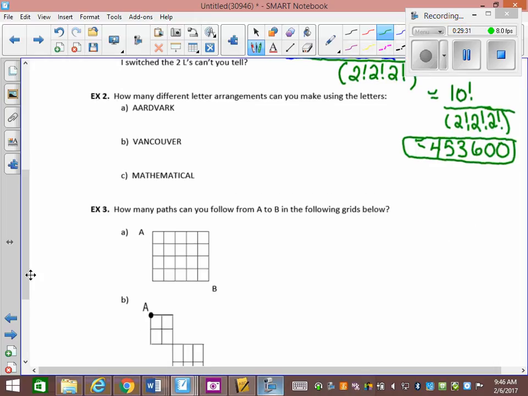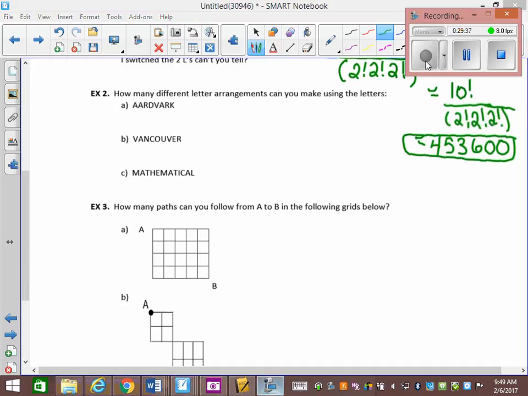You try this. Try Aardvark, Vancouver, mathematical. Okay, Aardvark: 1, 2, 3, 4, 5, 6, 7, 8 letters. A, A, R, D, V, A, R, K. So I'm going to have 8 factorial on the top because I'm going to have 8 times 7 times 6 times 5 times 4 times 3 times 2 times 1.